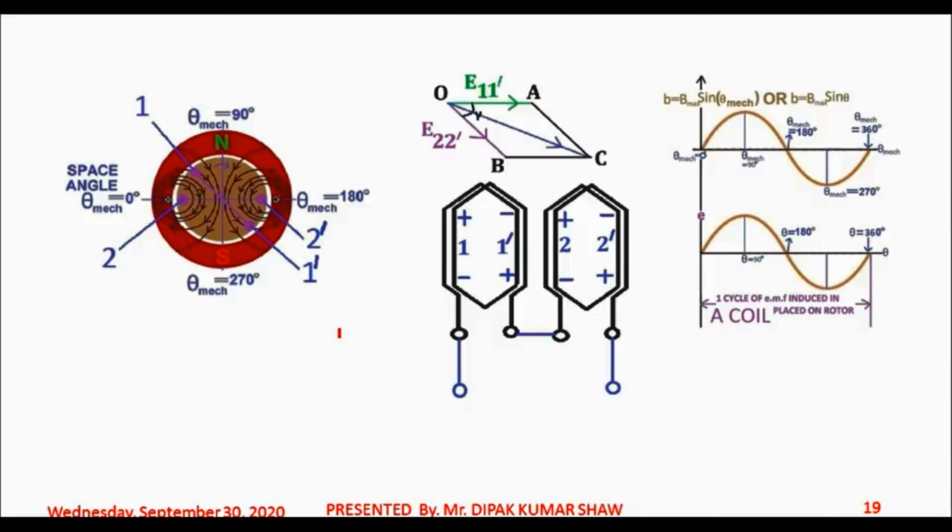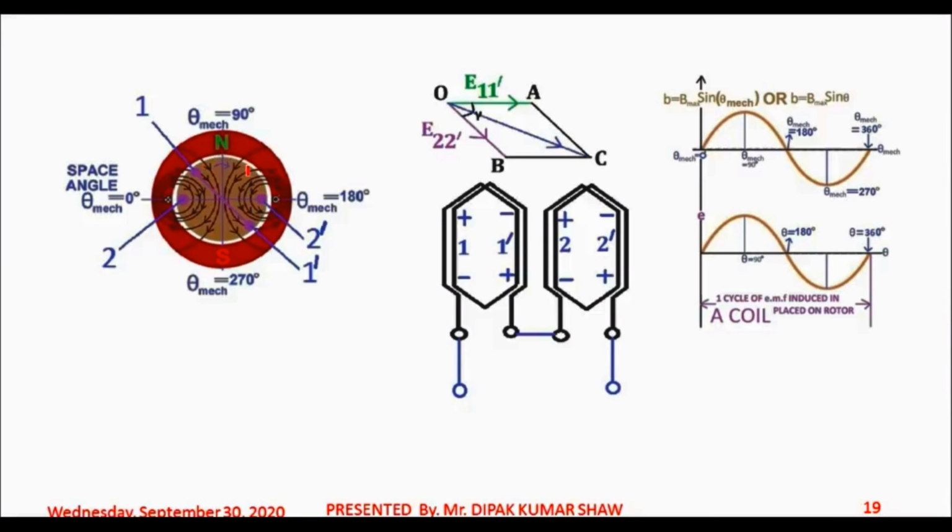Now, out of this BLV, L is the length of the conductor, which is constant, and we are assuming that the rotor is driven at a uniform angular speed. Revolution per minute is RPM, and revolution per second is RPS.